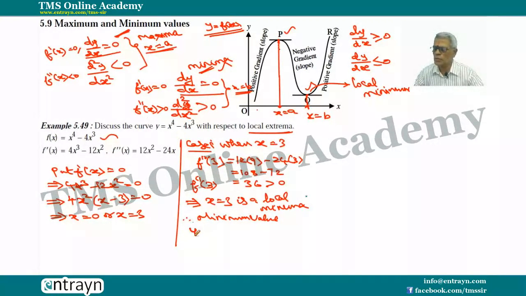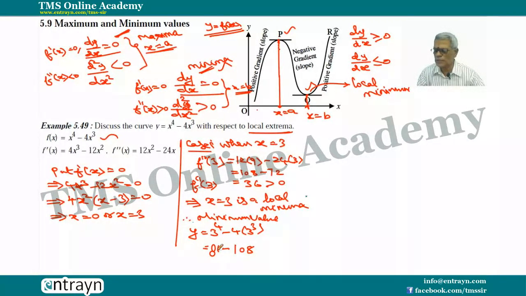So y is equal to 3 power 4 minus 4 into 3 cube. X is 3, so it is 81 minus 27 into 4, which is 108.